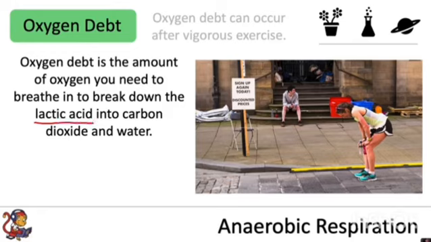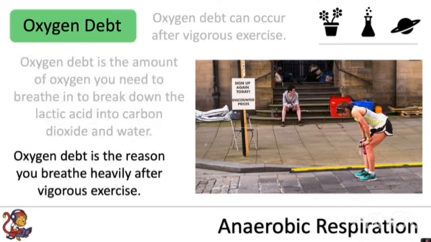So if you can breathe heavily like this lady is doing here, you can take more oxygen into your body, and then that can break down the lactic acid into the normal products of aerobic respiration, which are carbon dioxide and water. Oxygen debt is the reason you breathe heavily after vigorous exercise. So you're trying to replenish your oxygen levels and break down that lactic acid.